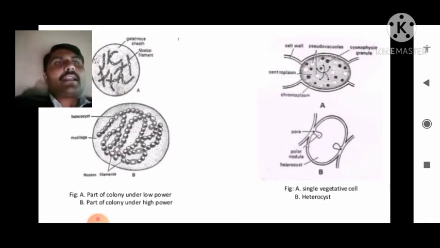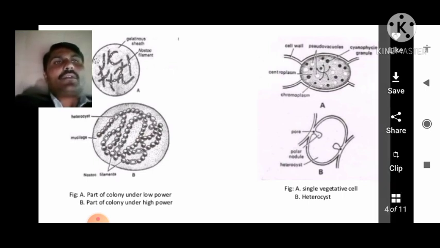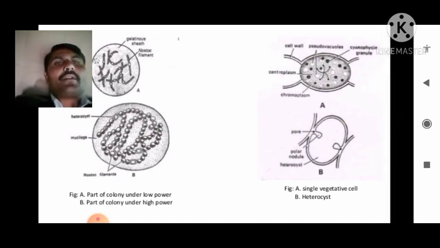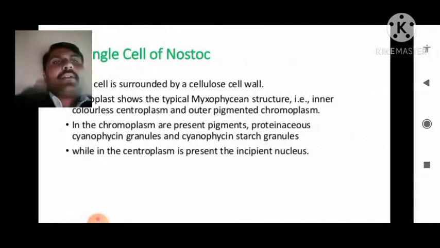In this diagram, you can see the centroplasm and the chromoplasm. Friends, chromoplasms contain pigments, which are proteinous, cyanophycin granules, and starch granules. Whereas in the centroplasm, the incipient nucleus is present.